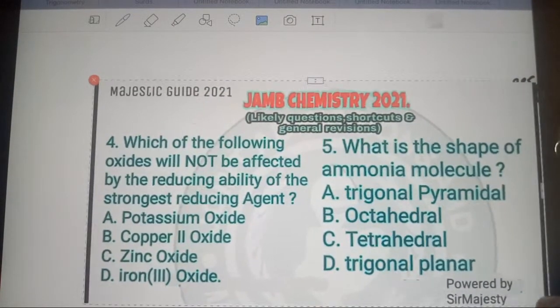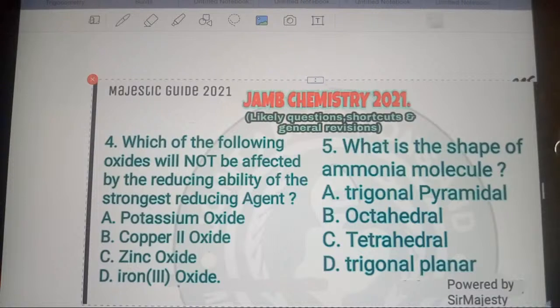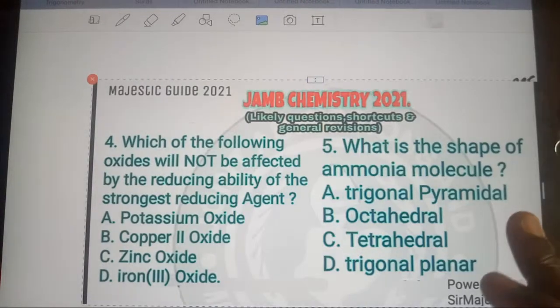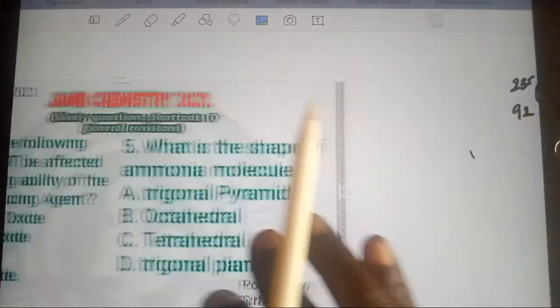So the answer, you use your activity series for metals, that is potassium, sodium, and you move down the activity series of metals. I will just explain that now.